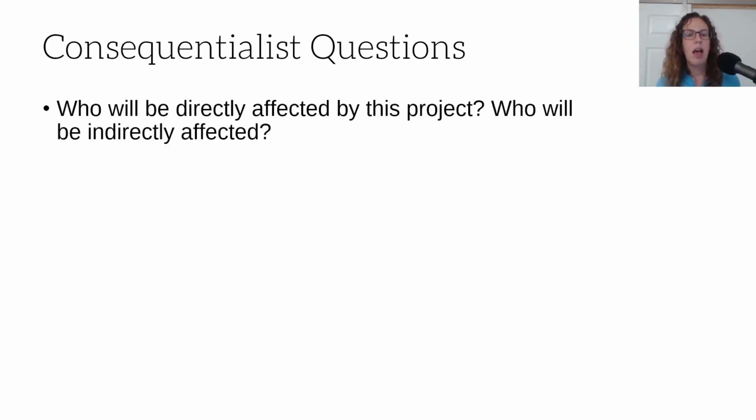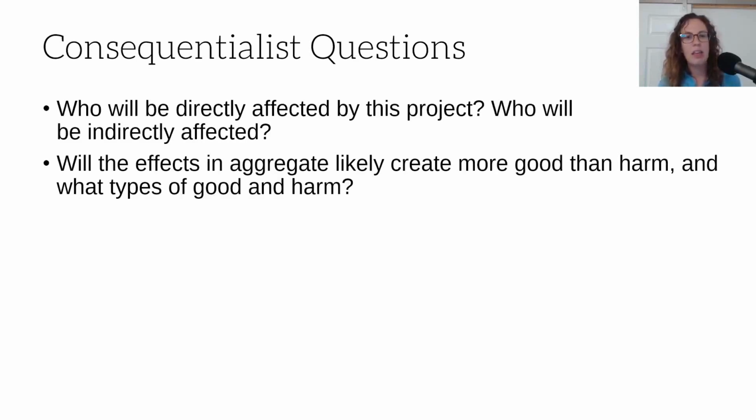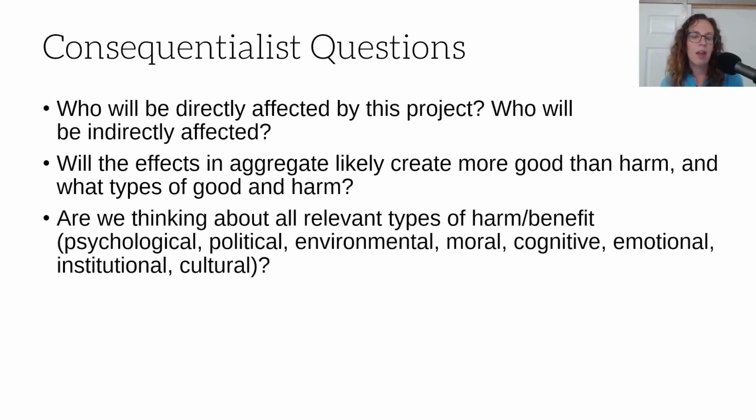Consequentialist questions: who will be directly affected? Who will be indirectly affected? And consequentialist includes utilitarianism as well as common good. Will the effects in aggregate create more good than harm? And what types of good and harm? Are you thinking about all the relevant types of harm and benefit, including psychological, political, environmental, moral, cognitive, emotional, institutional, cultural?